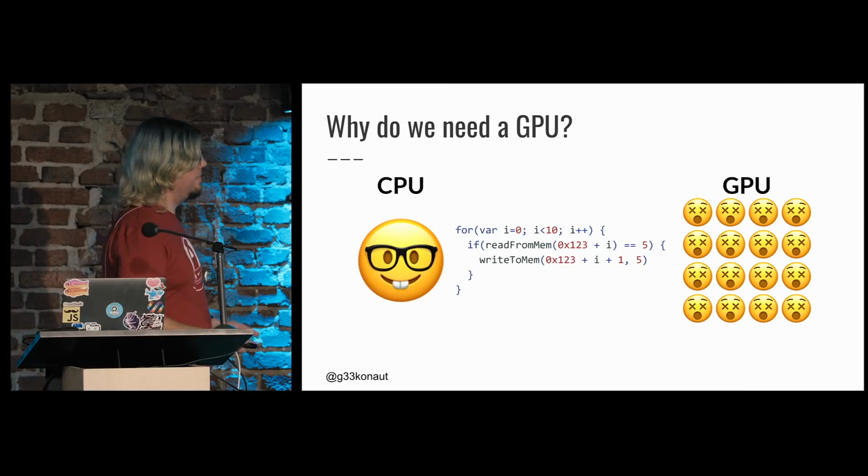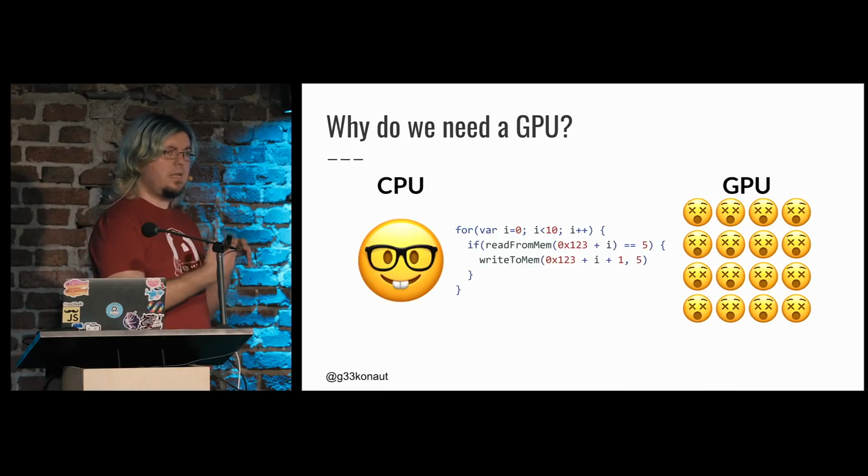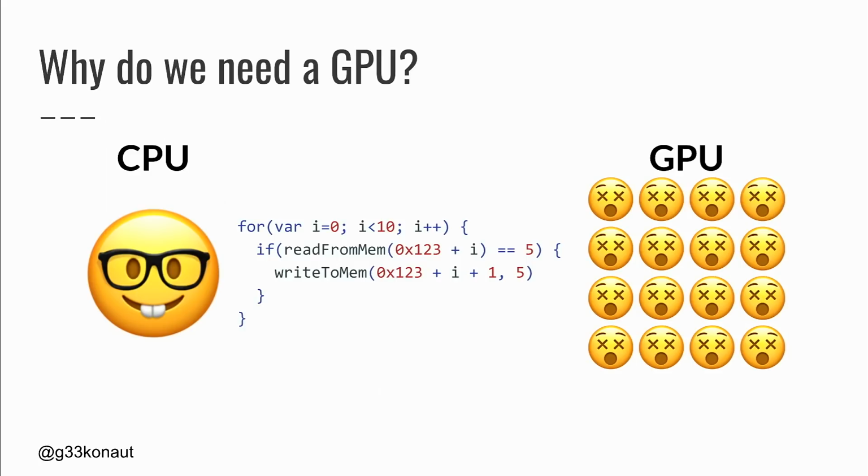CPUs have traditionally been made for regular programs as we run them pretty much every day. And these programs might do stuff like this. We have a loop, we read some data from somewhere in memory, depending on our position in the loop. So we're starting somewhere in memory, and then we read consecutive values from memory. And then we check if there's a certain value in the memory. And if that is the case, we write some value to another place in memory.